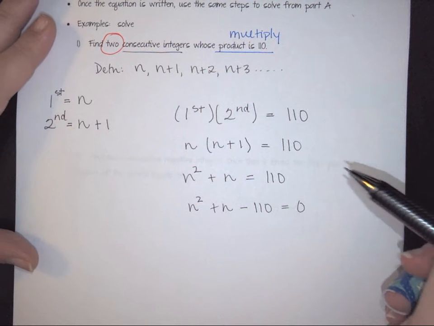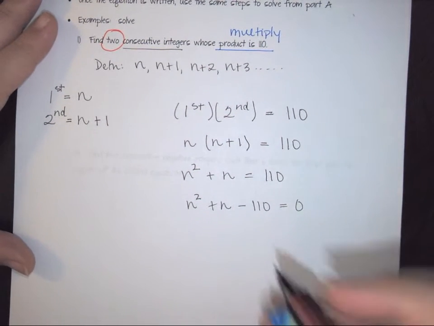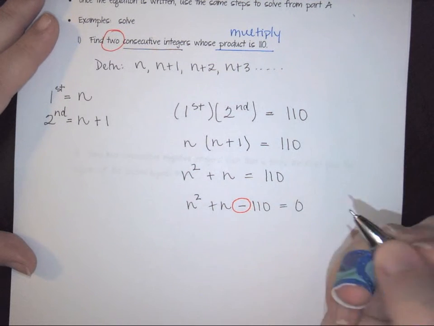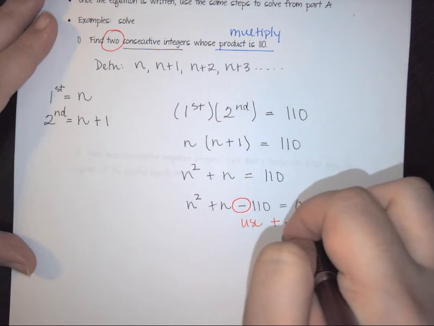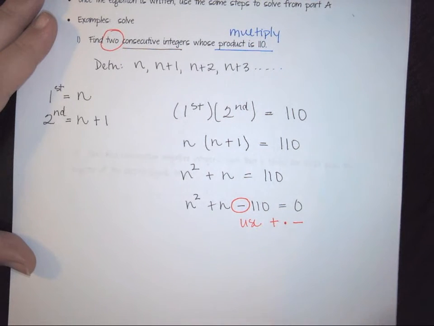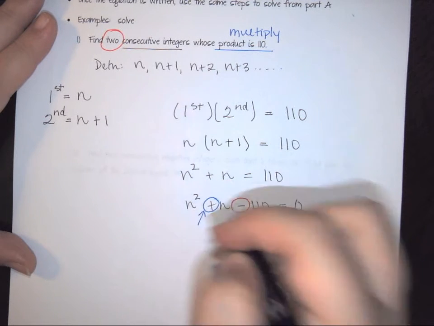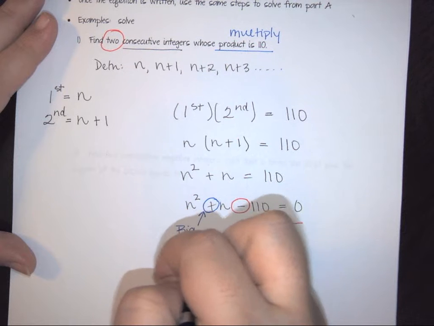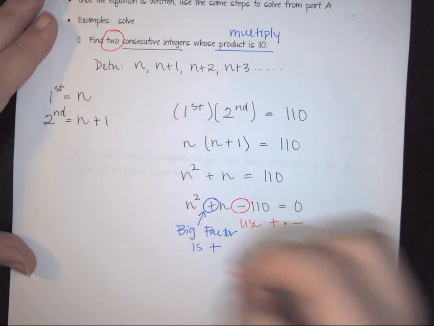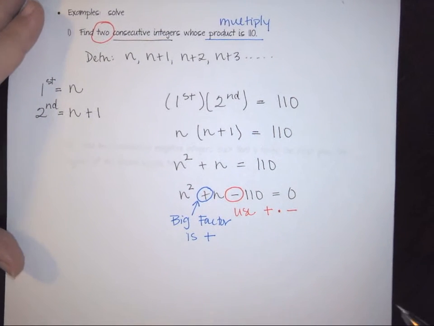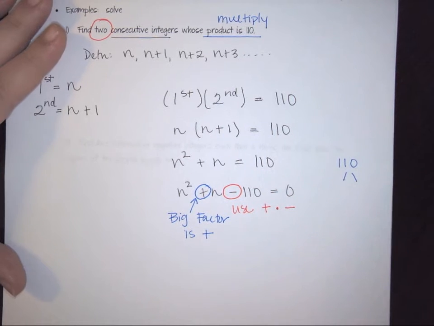So one of the things that I have to look at is the information provided. So what do I have? Well, this negative here tells me that I am going to use the factor option, positive times negative. This plus sign here tells me that I am going to use the concept that my bigger factor is positive. And then the last thing I have to look at is I need to have my factors of 110.